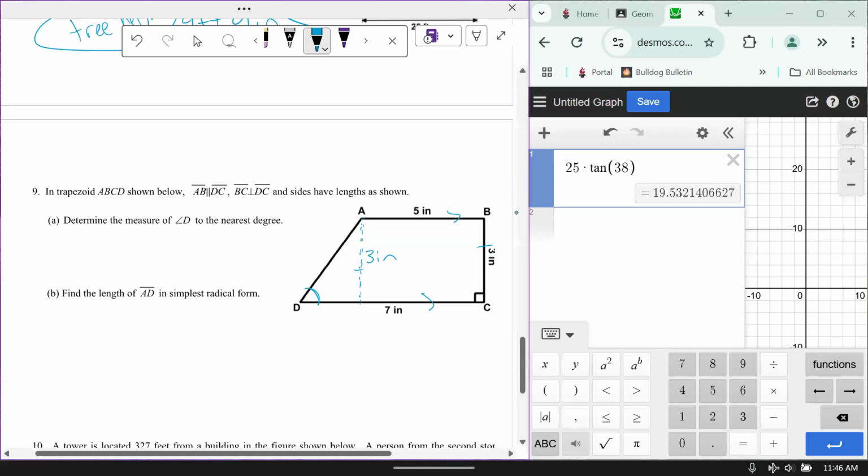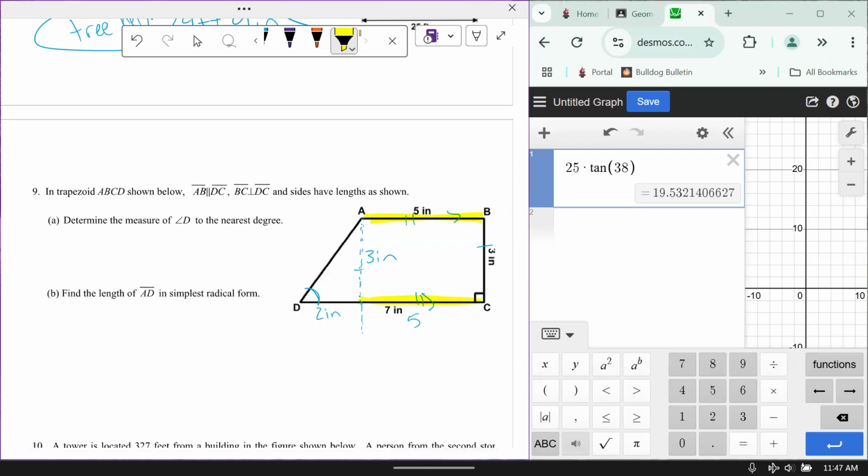So we know that's 3 inches, and we know this would be congruent to this. So this would technically be 5, and this guy would be 2 inches right there, right? Because that's the leftover. That's the difference between this side and that side. 7 minus 5 gives us that leftover 2.